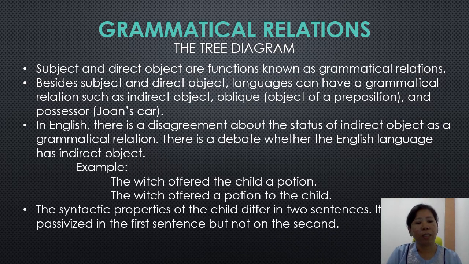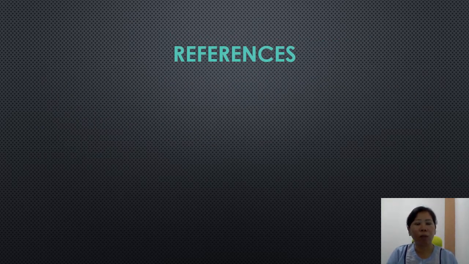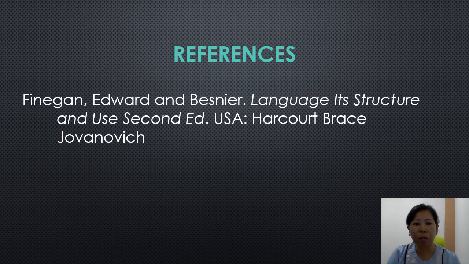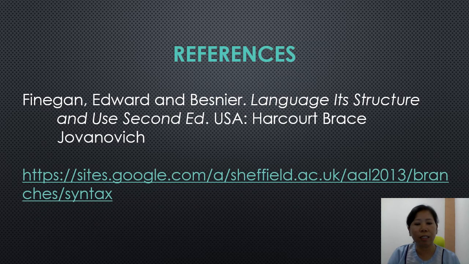Now, the syntactic properties of the child differ in these two sentences. So changing the active voice into a passive voice in the sentence may not be the same for the second sentence. So that's all for my report today, and my references are these.